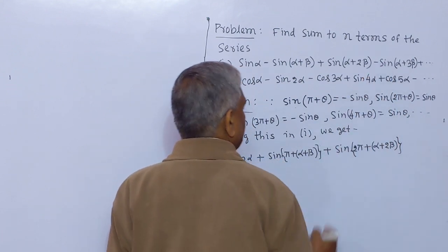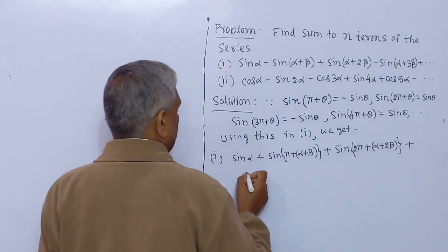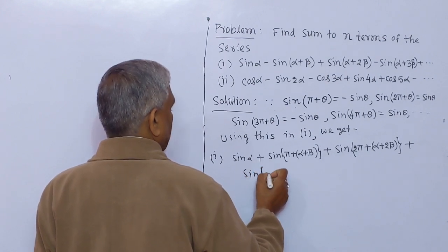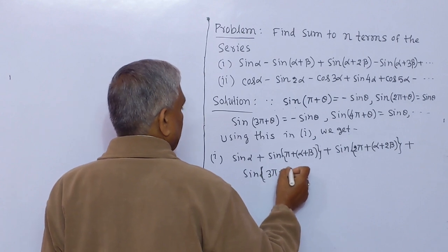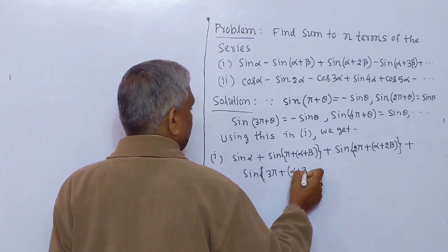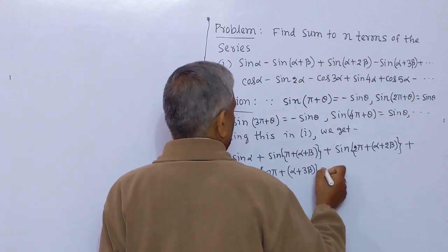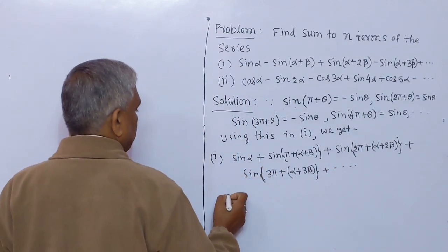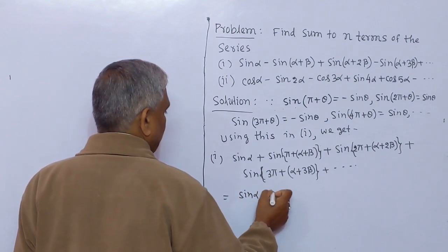We may write this plus sine 3 pi plus alpha plus 3 beta and dot.